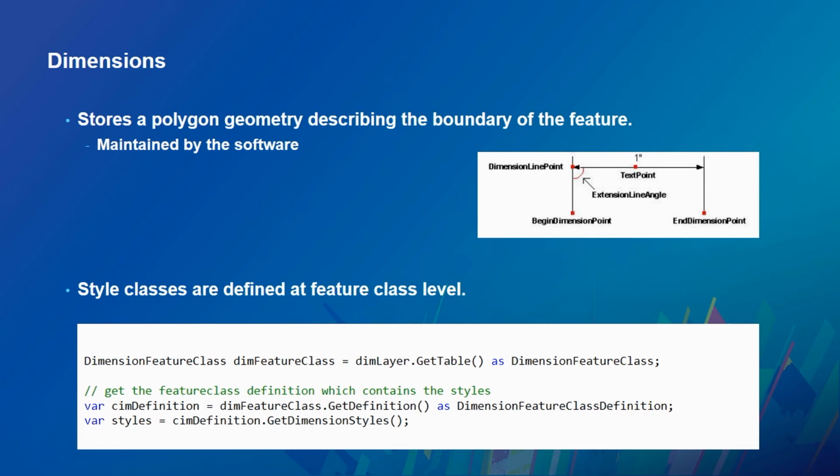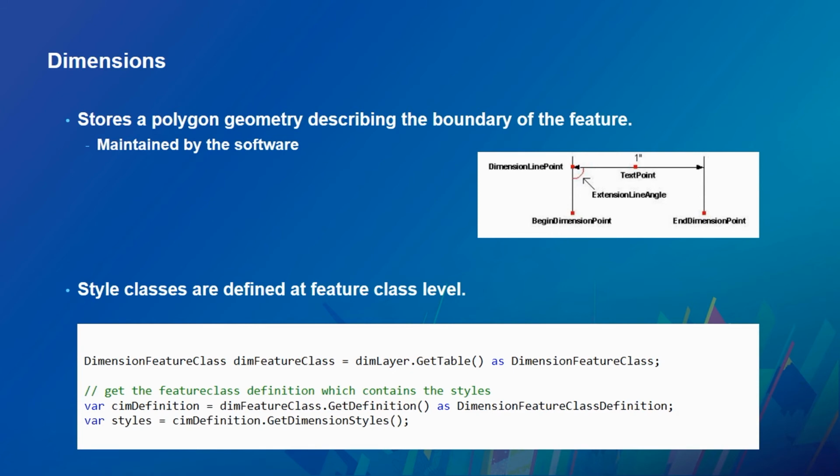Similar to annotation, dimensions also have a style class defined at the feature class level. So you would access them in a similar manner. You have your dimension layer. You can get the dimension feature class by calling the getTable method, and then find the feature class definition by calling getDefinition.